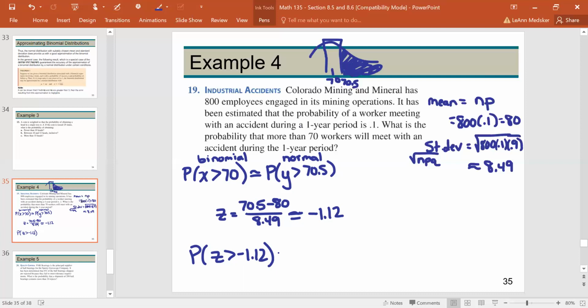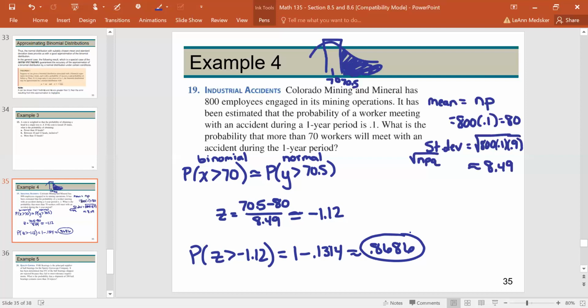But remember, this is a greater than, so we would be doing 1 minus 0.1314. Or you could look up positive 1.12. Remember, that's the opposite of that, and that should give you the answer, approximately 0.8686. Okay. So there's an 86.86% chance that more than 70 workers are going to get hurt.